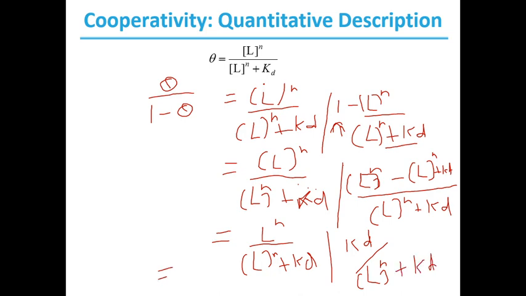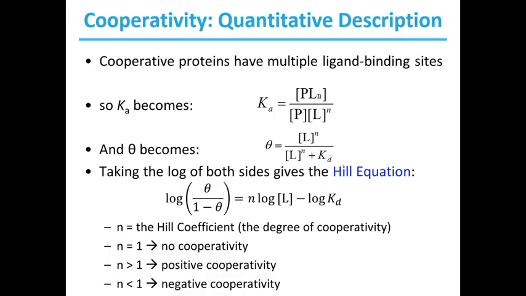So this becomes theta divided by 1 minus theta is equal to L to the power n divided by Kd. So for a protein that has n ligand binding sites, this equation now becomes theta divided by 1 minus theta is equal to L to the power n divided by Kd.